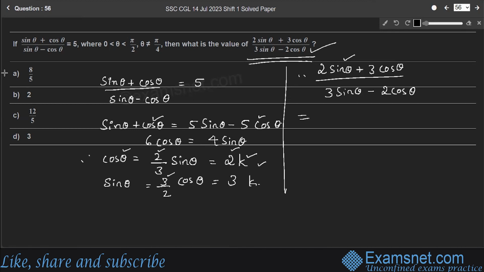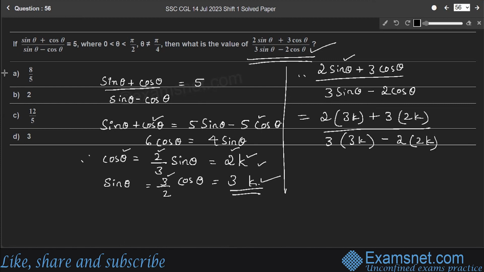Here sine theta, according to our assumption, is 3 times a value, so it is 3k. So 2 into 3k plus 3 into cos theta, which is 2k, whole divided by 3 times sine theta, again 3k, minus 2 times cos theta, which is 2k.